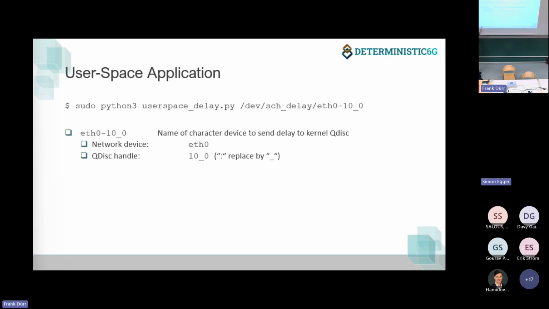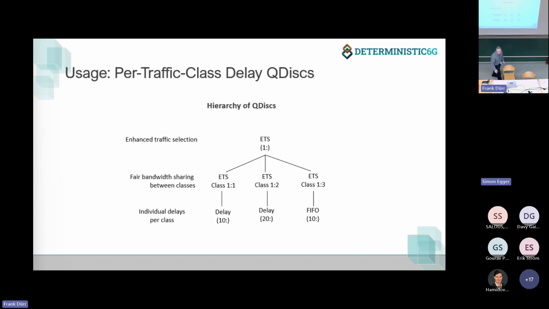And for this, you need this file. And the file is always the name of the network device with a major and minor number. And talking about versatility, you can also combine our delay QDisk with other QDisks. For instance, there's an ETS QDisk, which is the enhanced traffic selection. Simon has talked about traffic selection for TSN. This is existing in Linux, the enhanced version of the traffic selection specified sort of by IEEE.